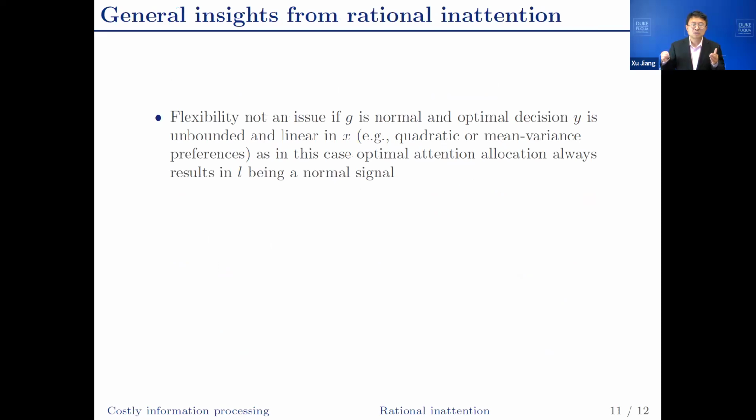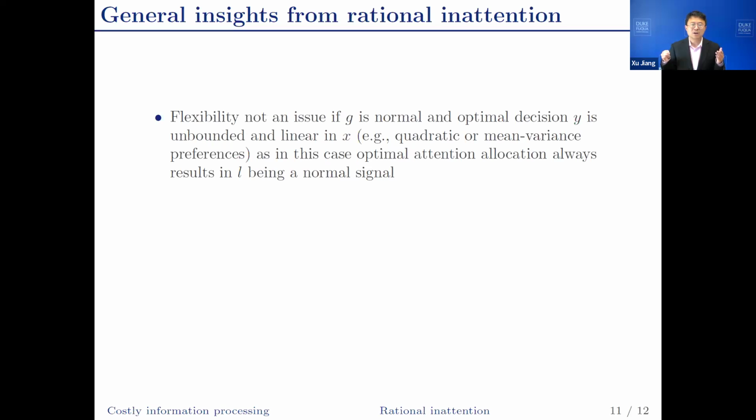Before we go into detail of specific papers on rational inattention, here I offer some general insights. First, the flexibility we talk about is not an issue if the prior distribution is normal and the optimal decision you make is linear in X and unbounded, for example, quadratic or mean variance preferences.